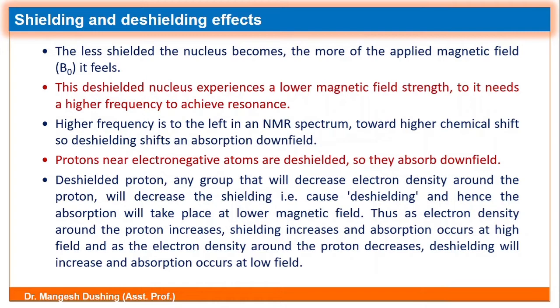Then that proton is a de-shielded proton, and it requires a lower magnetic field for the excitation, for the transition of that proton from the lower energy level to the higher energy level. So those protons absorb at the lower field side, towards the left hand side, and give a peak towards that side. That is called the low field, down field effect.